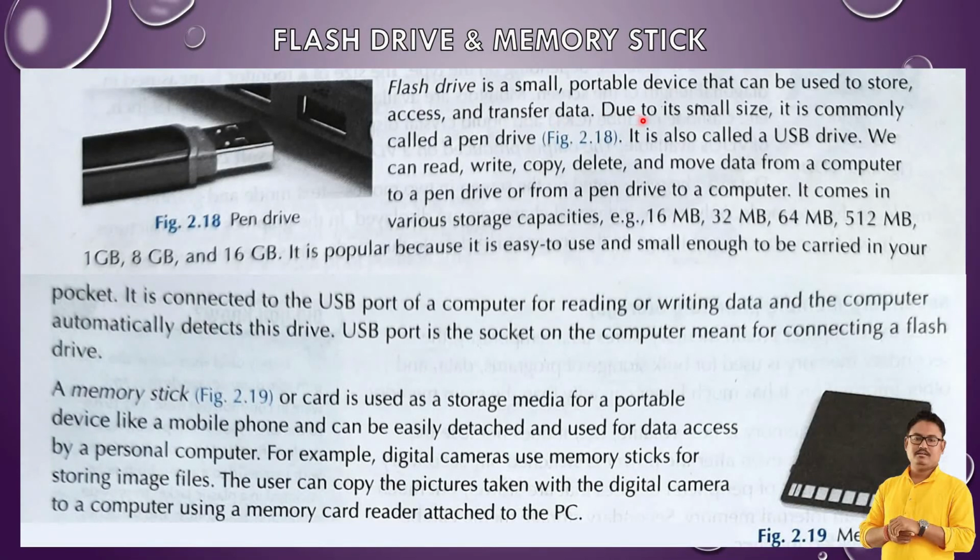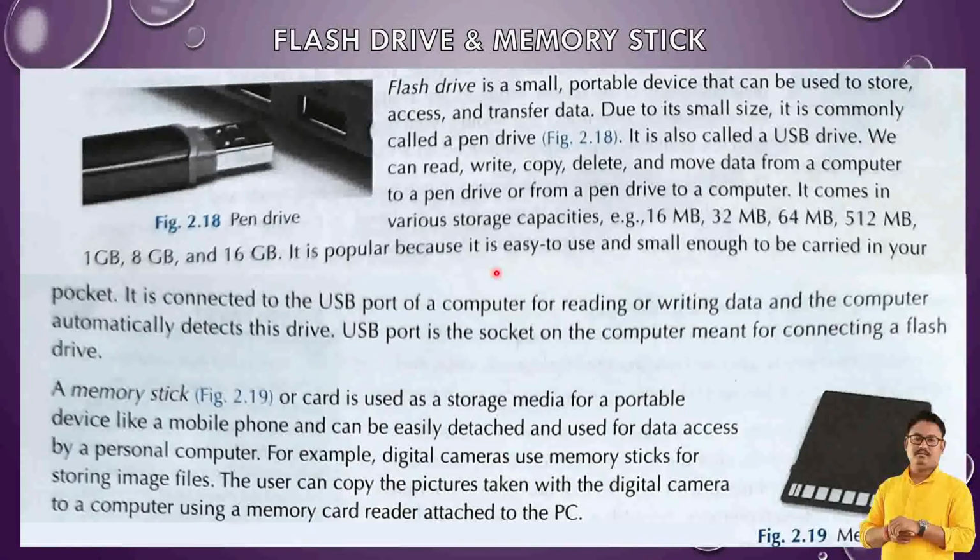Due to its small size, it is commonly called a pen drive, which is in the figure here. We also call it a USB drive. We can read, write, copy, delete, and move data from one computer to another computer with the help of pen drives.